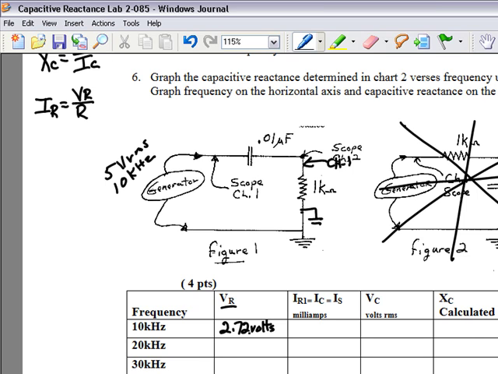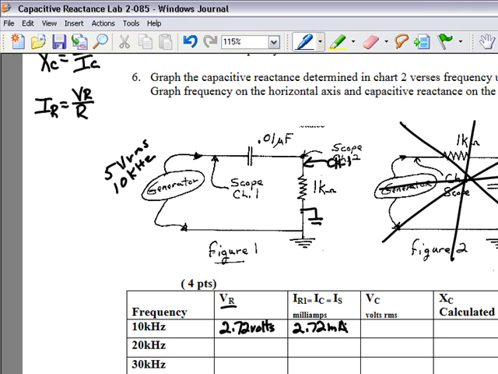If you take 2.72 volts divided by 1 kilo ohm, you end up with 2.72 milliamps. And since it's a series circuit, that's the current flowing at all points in the circuit, so that's the current flowing to and from the capacitor.